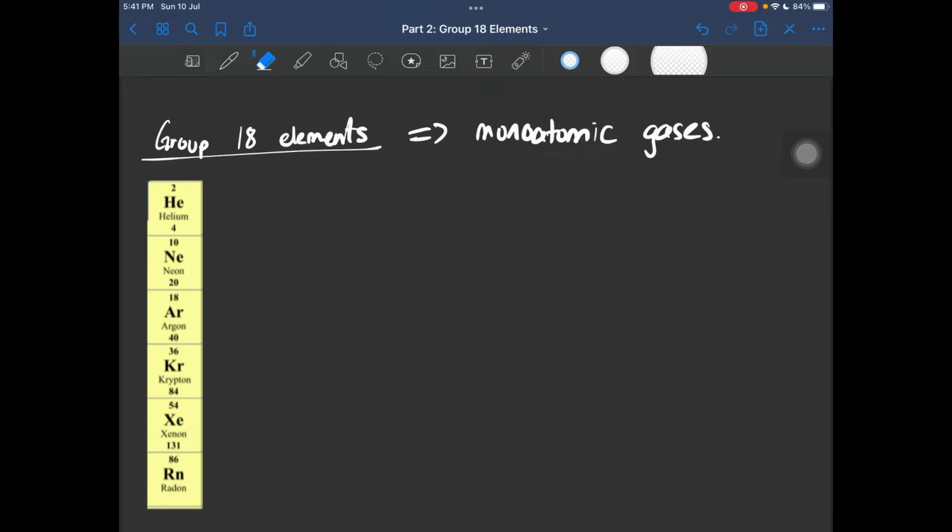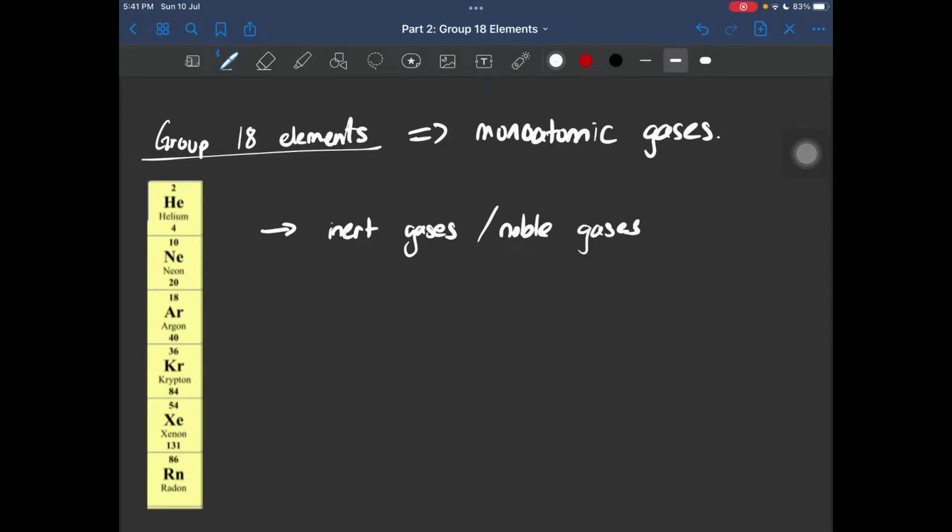Now, group 18 elements are also known as inert gases and noble gases. So if in your examinations you encounter the words inert gases or noble gases, they are referring to group 18 elements. They are the same.